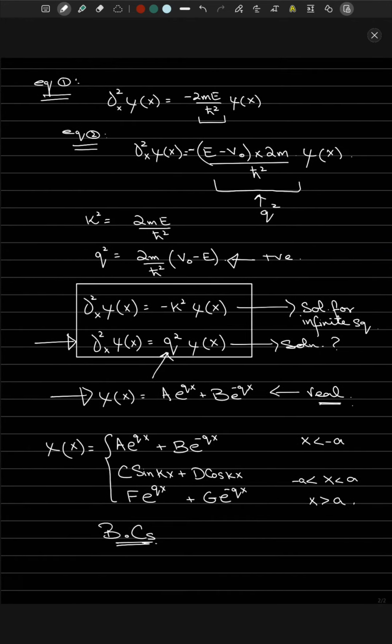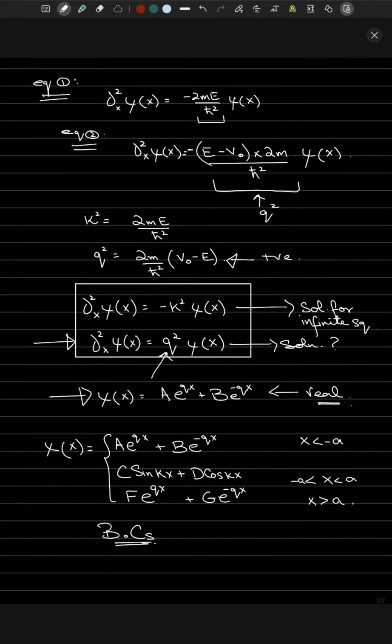Well, the first boundary condition is that your wave function, which is psi of x, must be continuous. And the next one is that the derivative with respect to position, so partial x of psi of x, must also be continuous.